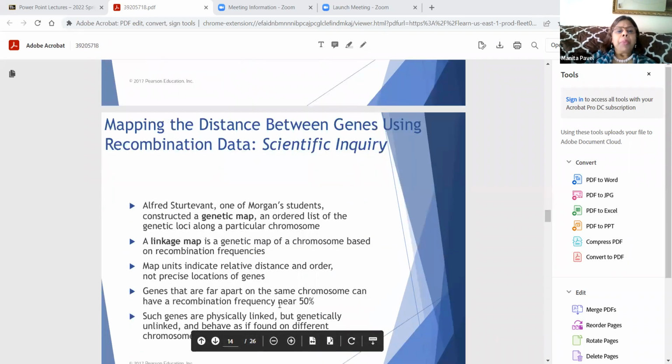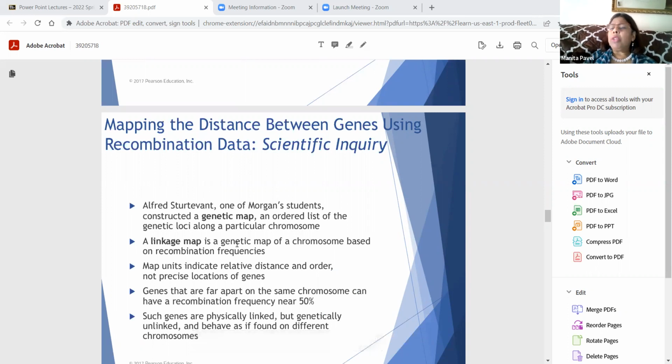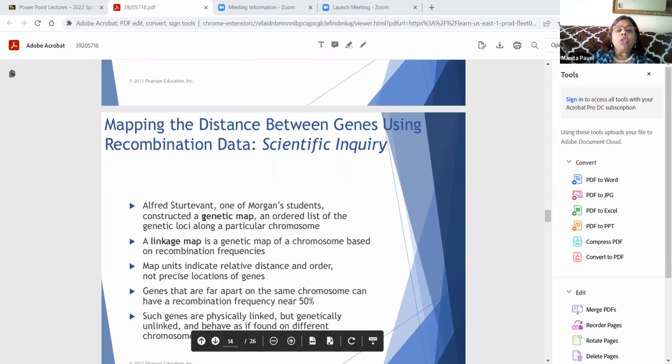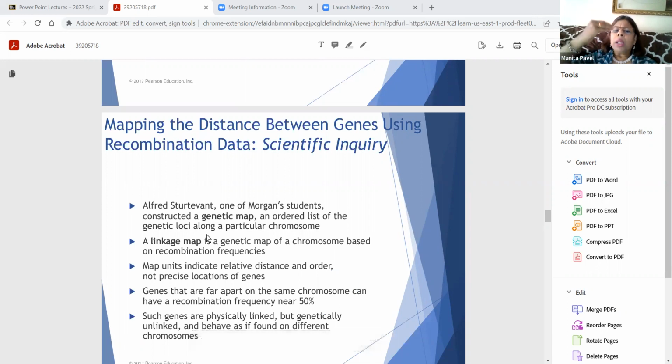So now what we want to see is, what are the different ways in which the recombination data can be mapped. And so Alfred Sturtevant, one of Morgan's students, constructed a genetic map. What is a genetic map? It is an ordered list of the genetic loci.